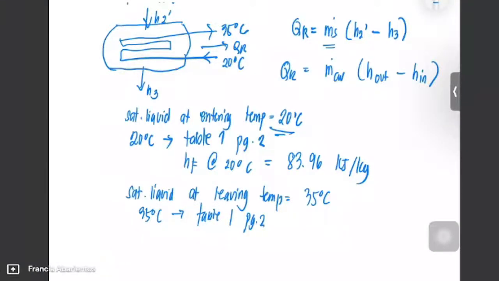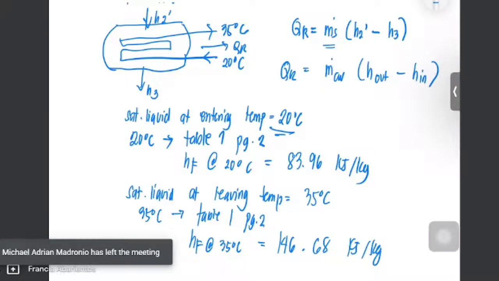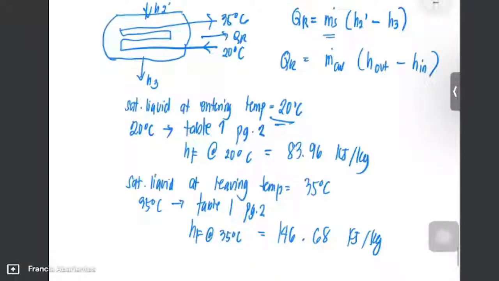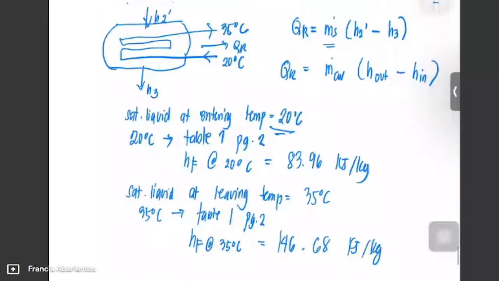We have HF at 35. That is 146.68 kilojoule per kilogram. Okay. So by energy equation, entering is just equal to leaving. So the heat rejected, kasi kung ano yung pumasok class, yun din magiging energy na lumalabas na tubig.